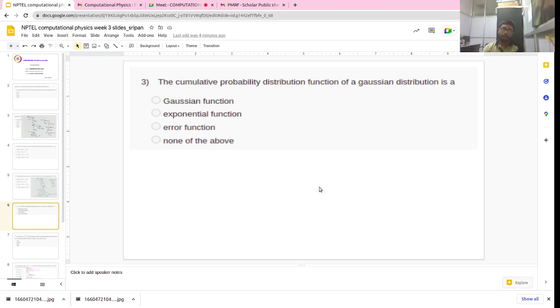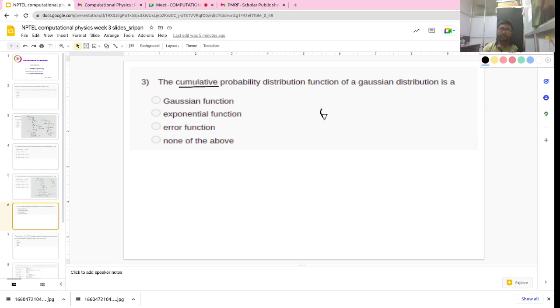So it is written cumulative probability, so initially it will be low and then it will rise, and again... I think I'm wrong.